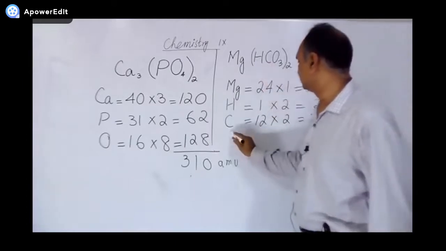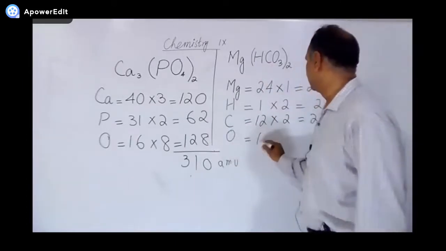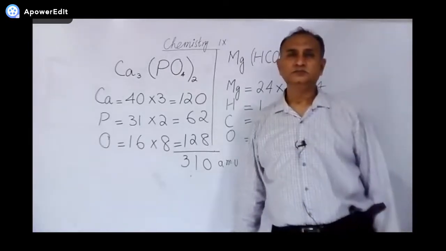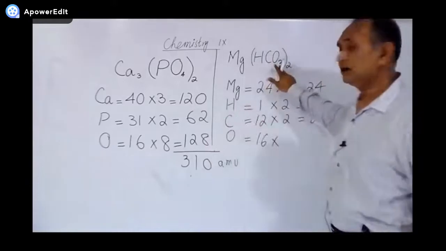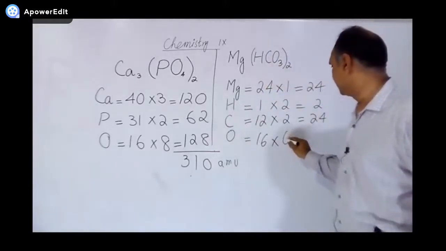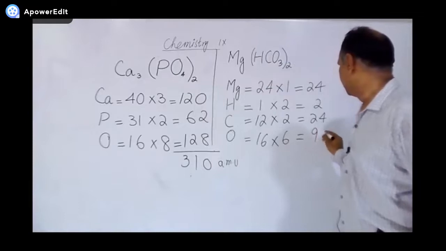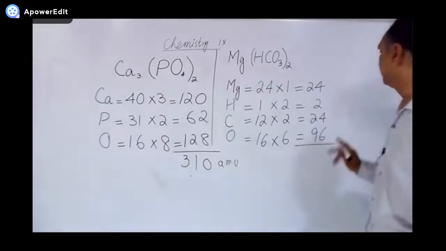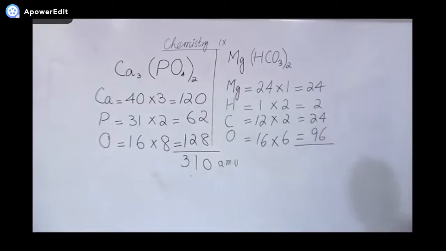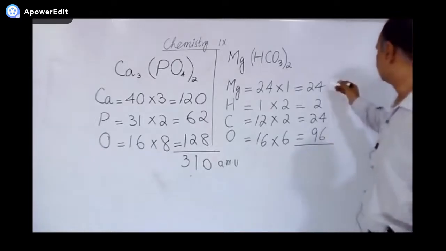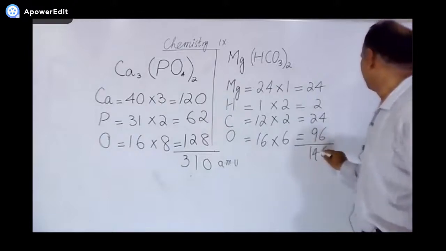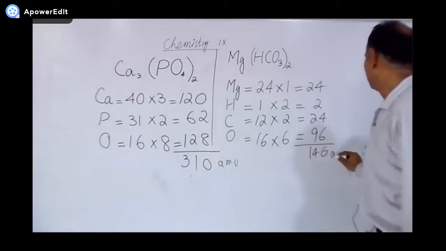Next, oxygen, 16. How many oxygens? Who will tell me? Right. 3 twos are 6. I should write here 6. Okay. Now adding all of these, you will get what? 146 AMU.